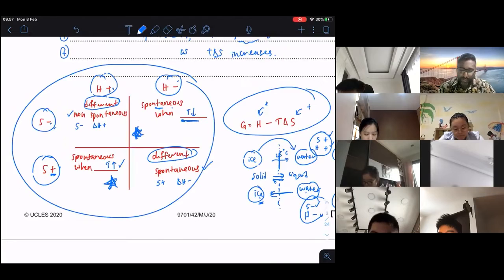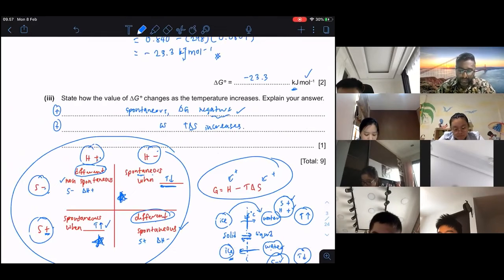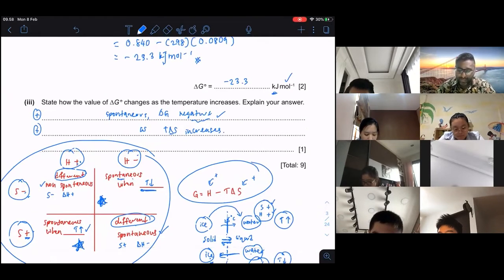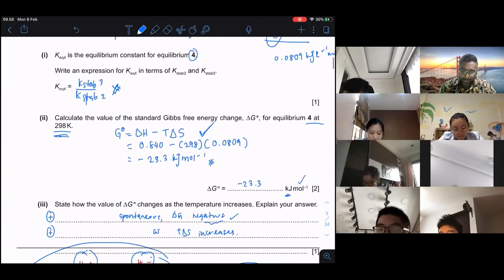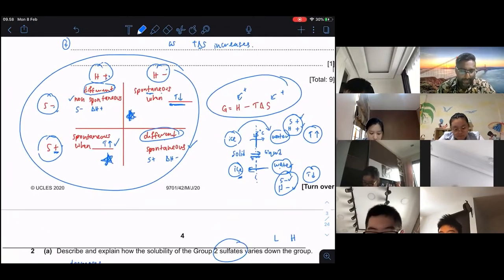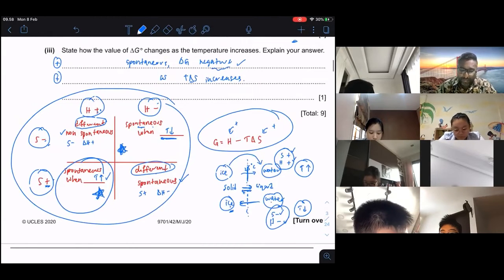Why? To answer this kind of question, they say state how the Gibbs free energy changes when the temperature increases. So when we look at here, both of them are positive, it means they are going to come into this quadrant, positive and positive. So this reaction is only spontaneous when the temperature increases. You see, temperature is increasing, it's going to become spontaneous.